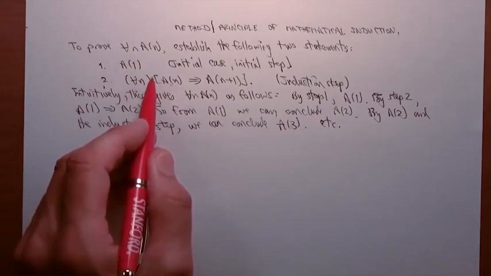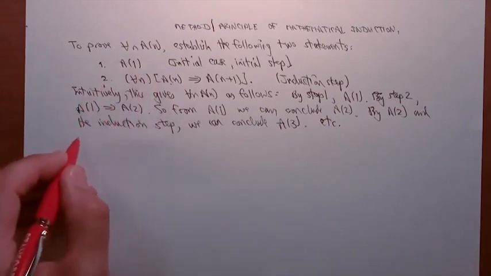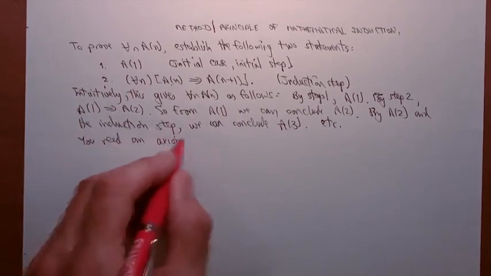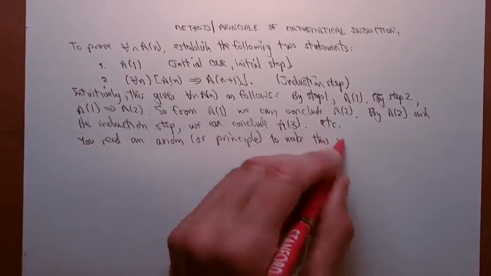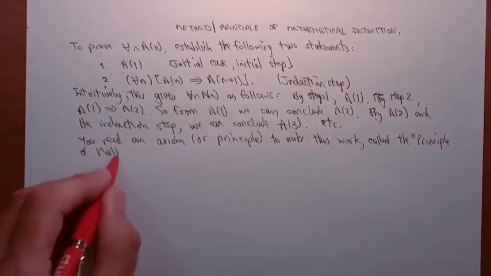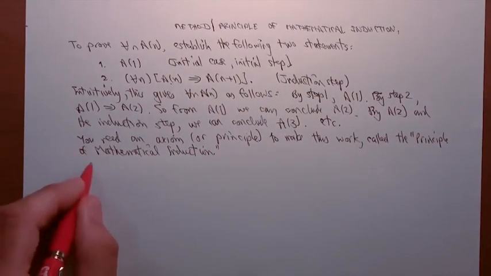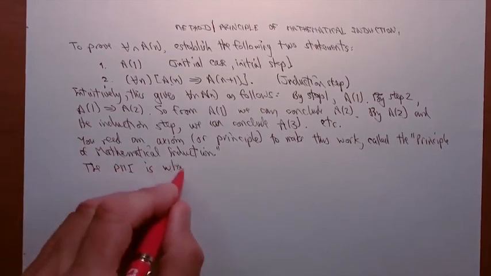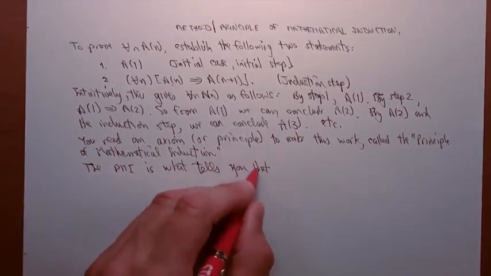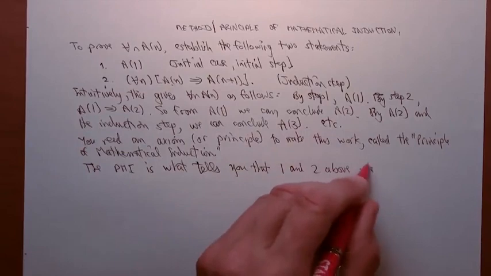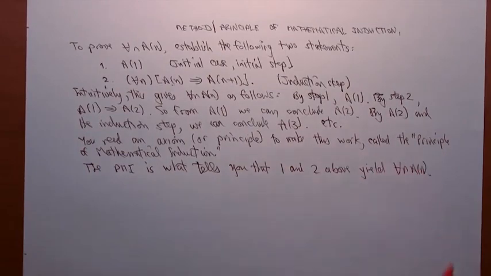Okay. And let me just stress that. You need an axiom or a principle to make this work, called the principle of mathematical induction. The principle of mathematical induction is what tells you that steps 1 and 2 above yield for all n A of n.